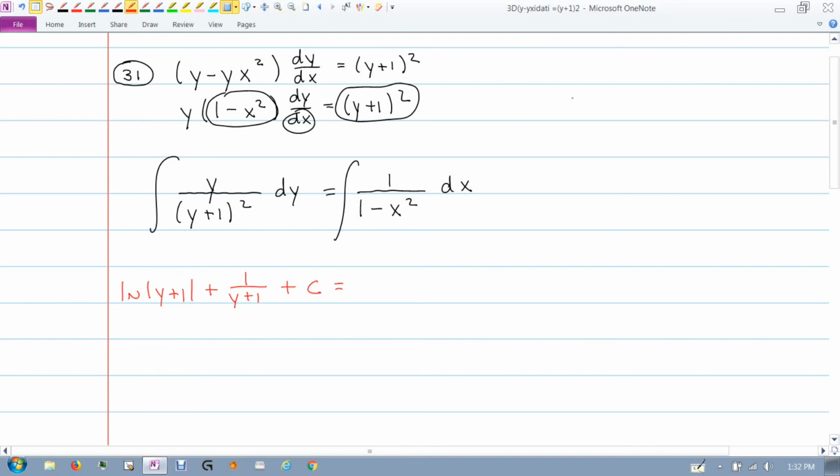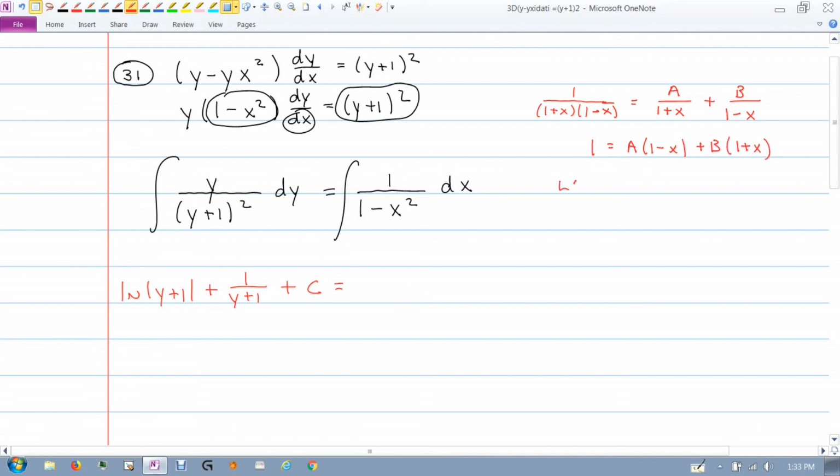Let's do partial fractions. Okay, so this is obviously a difference of squares on the bottom. Like that, like that. And so I need to rewrite that as a over 1 plus x plus b over 1 minus x. Then I clear out the fractions, so I get a times 1 minus x, plus b times 1 plus x.